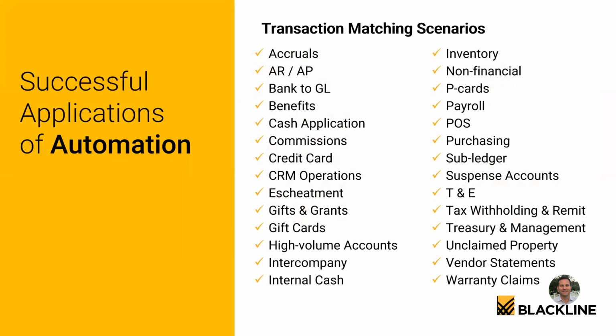Now, keep in mind that although this module is commonly used for bank reconciliations, it can automate any scenario where you're matching records from multiple files. Note all the other listed examples of how the transaction matching module can be used. And it can actually match records from up to 3 data sources.